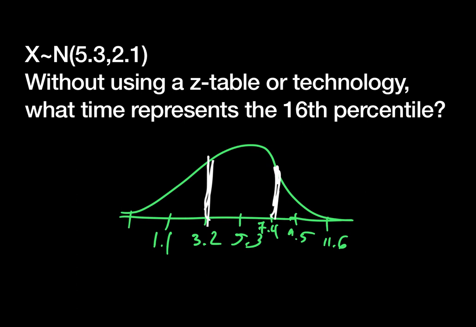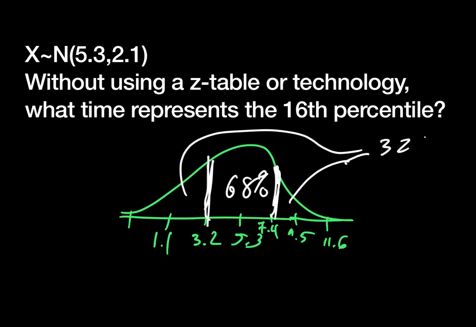We remember that, okay, I am from the mean, up or down 1 standard deviation is 68% right there. 68% of the data is within 1 standard deviation of the mean. And that means these together are 32%. Because if it's not 68, what's left is 32.